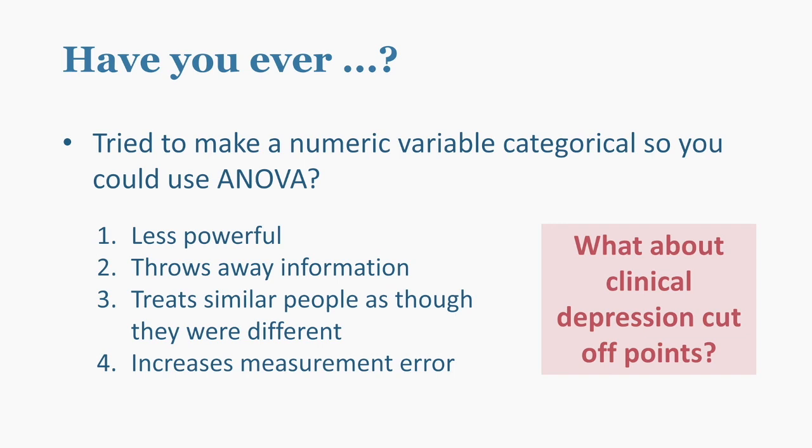One, it makes your regression less powerful. In addition, it also throws away information, it treats similar people as though they were different, and it also increases your measurement error. But also, there are some times when this might be justified, such as clinical diagnoses, if you have a variable that is naturally dichotomous, or if you have a really severe bimodal distribution in your data.